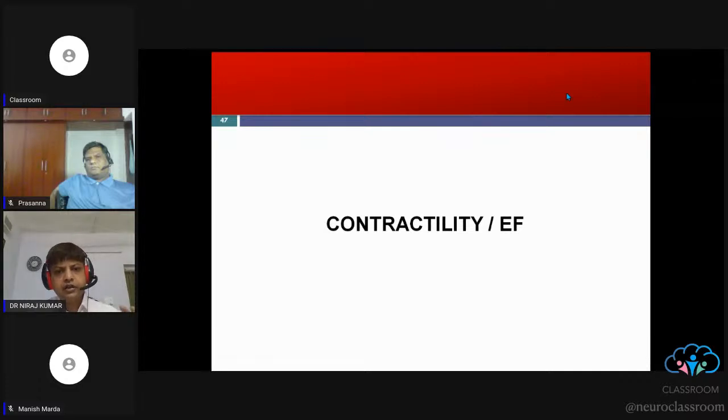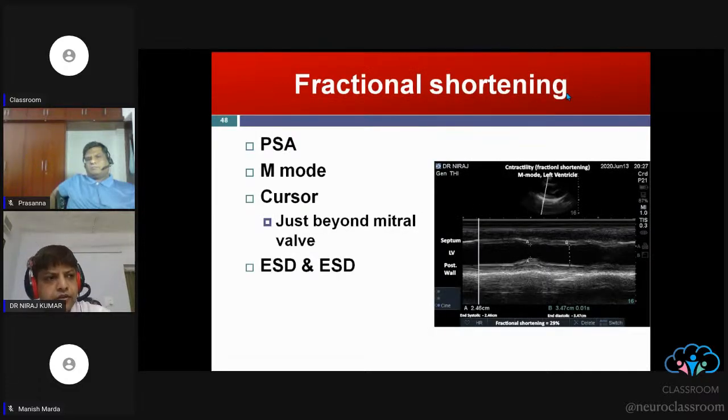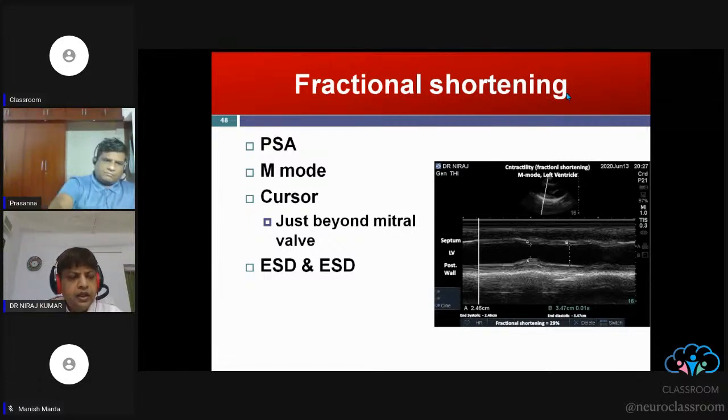So there are several techniques for assessment of stroke volume estimation. One very popular is fractional shortening. Here we are using M mode, and the second method is EPSS. In that also we will use M mode technique, and the third method is the product of VTI and area that gives a stroke volume.